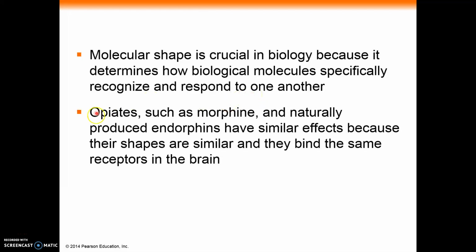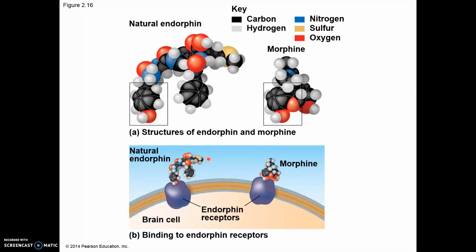Opiates, such as morphine, among others, and naturally produced endorphins have similar effects in the body because their shapes are similar and they bind the same receptor in the brain. So here's a picture representing that. This is what natural endorphin looks like. This is what morphine looks like.